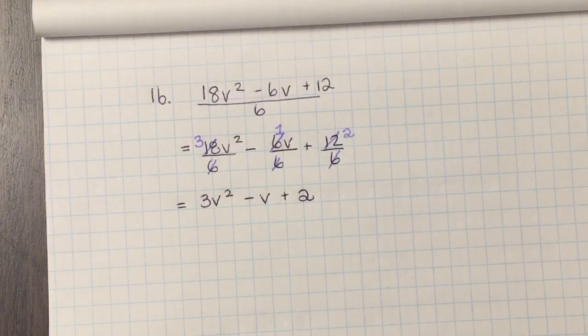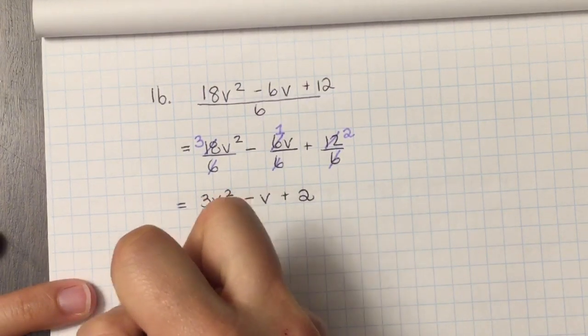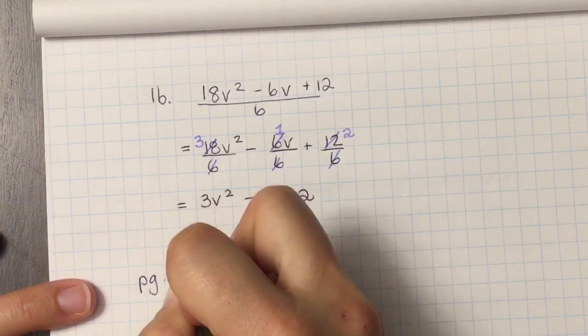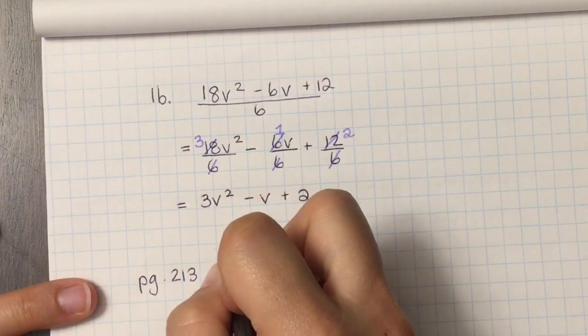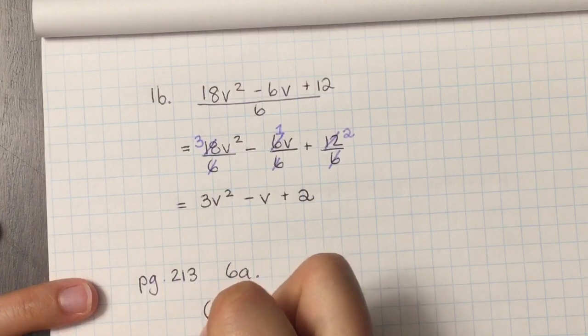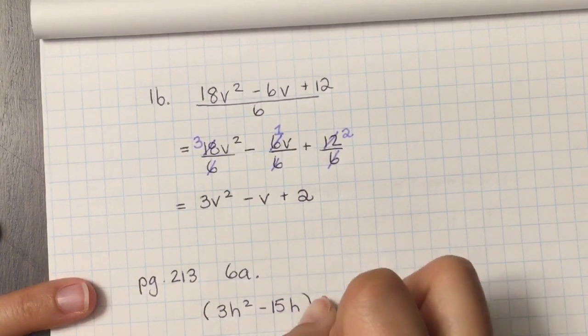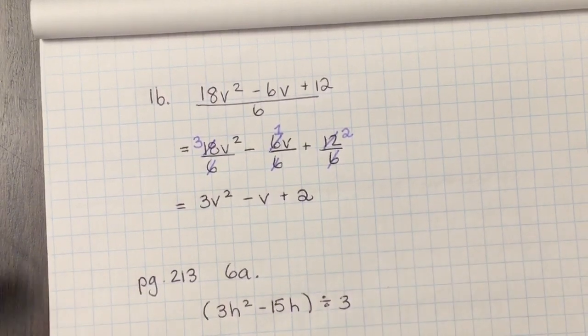Okay, let's try one where we use algebra tiles this time. So let's take page 213, and we'll do 6a. Okay, so it says 3h squared minus 15h divided by 3.